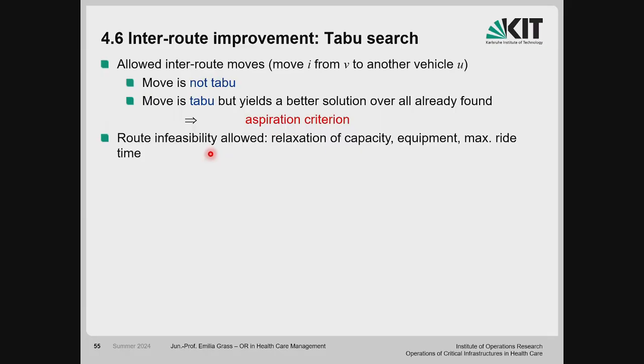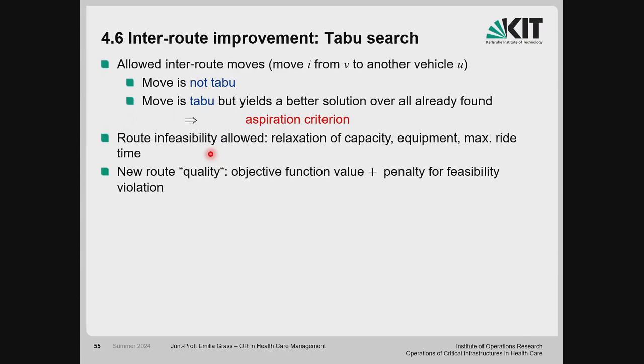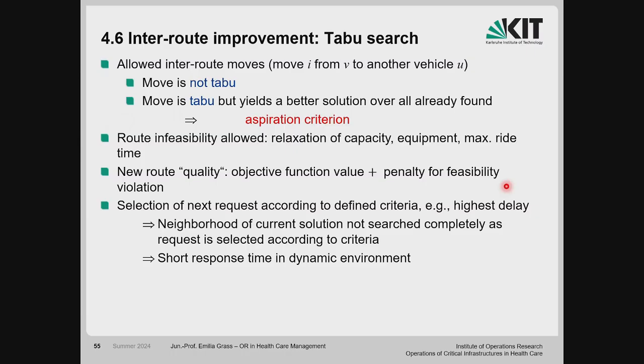And the new route quality, of course, is then the objective function plus this penalty for feasibility violation. And the selection of new requests according to, again, maybe highest delay like before.